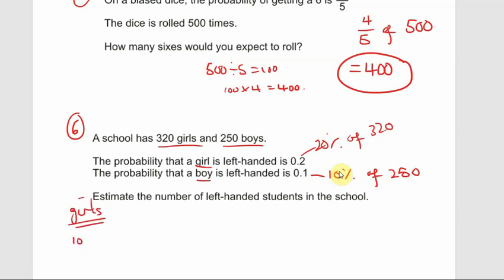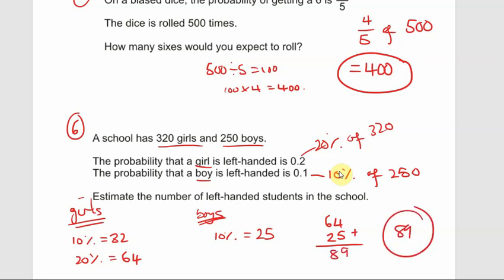Well, 10% would equal 32, so 20% would equal 64, timesing it by 2. Boys, 10% is going to be 25, and that's all we need to find. So how many are left-handed? Well, we've got 64 plus 25, that's our girls plus boys.